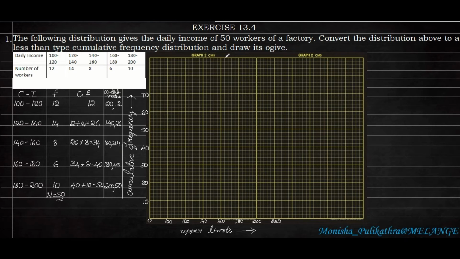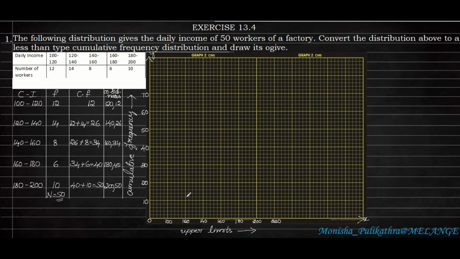This is the graphical representation, where the horizontal line is the x-axis and the vertical line is the y-axis. In the x-axis we plot the upper limits, whereas the cumulative frequency which we obtain, we plot in the y-axis.